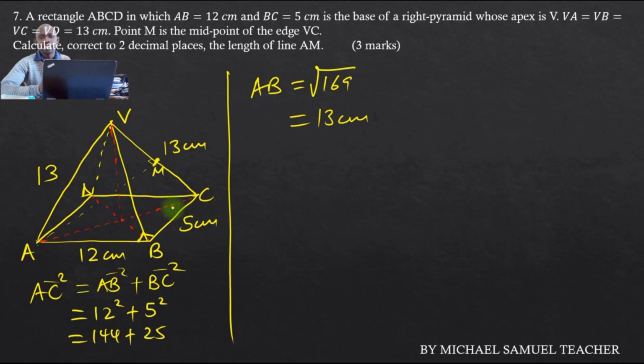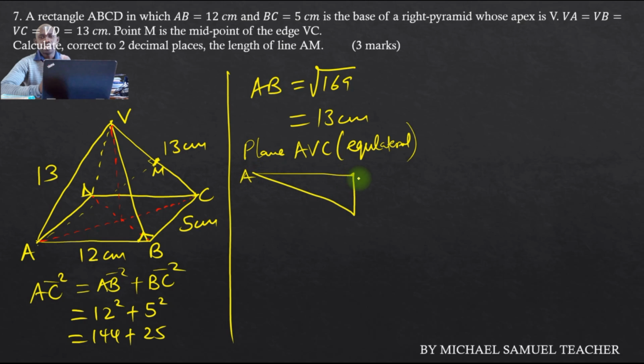So in that case, plane ABC is an equilateral triangle, since AV, AC, VC is 13 centimeter. Therefore, we can consider triangle AMC.